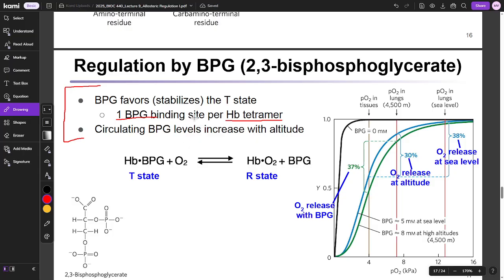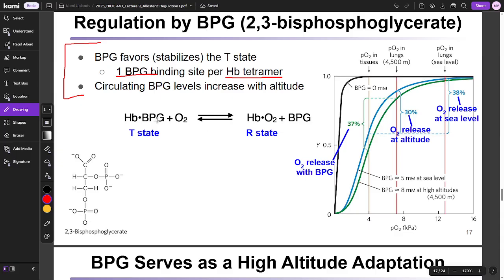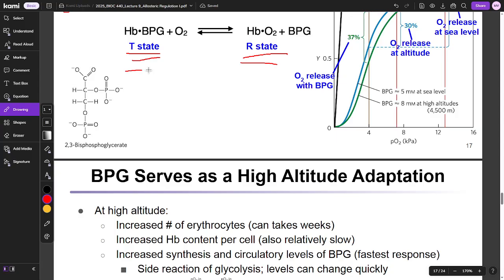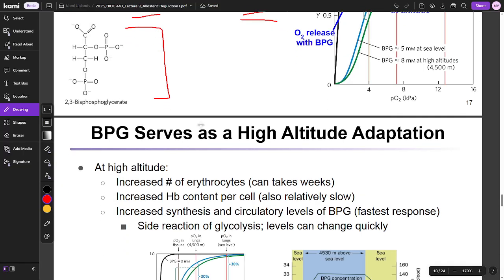But basically each hemoglobin tetramer has one bisphosphoglycerate binding site, and this stabilizes the T state. And so this is the structure of 2,3-bisphosphoglycerate, which you will hopefully have a relatively good idea of what it looks like when you guys start doing glycolysis.